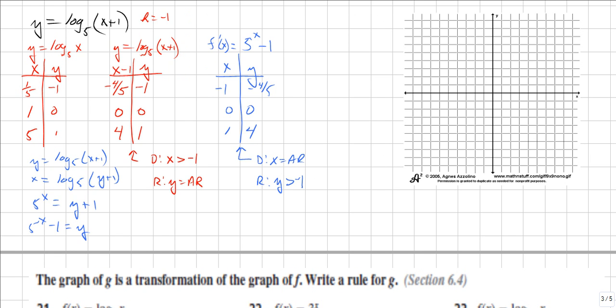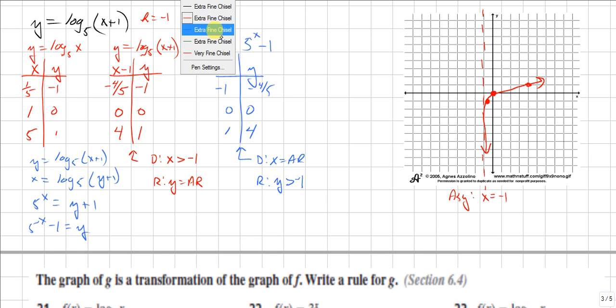So let's go ahead and plot these. We already said the graph would have an asymptote at x equals negative 1. One of my points is negative 4/5, negative 1. Another point is 0, 0. And another point is 4, 1. Now let's do the inverse.